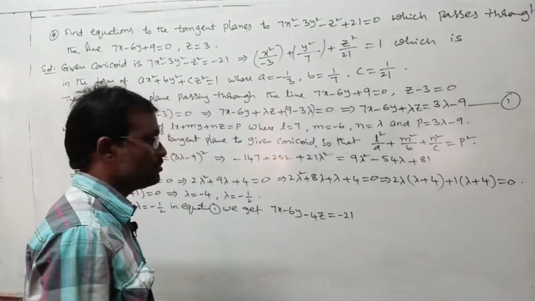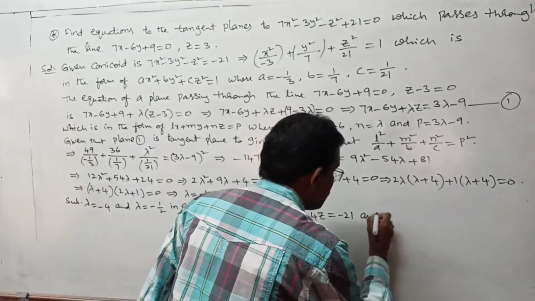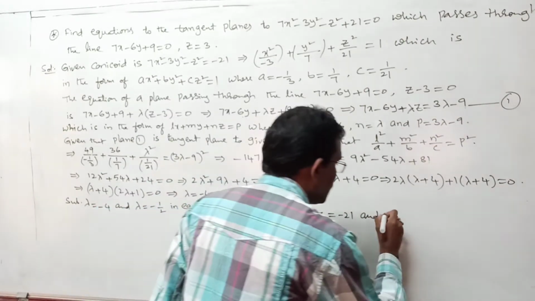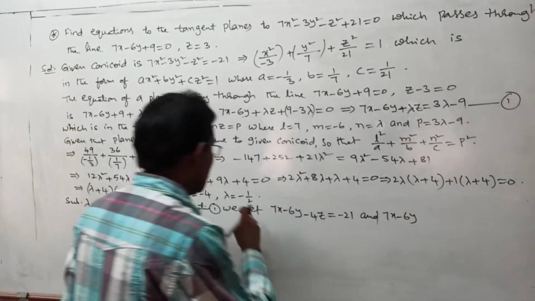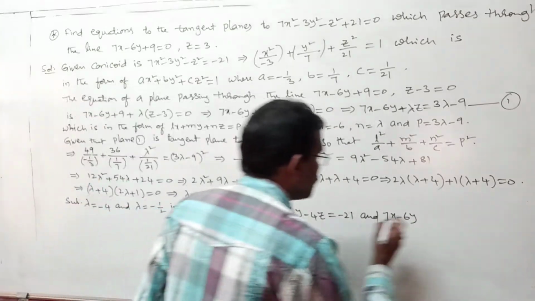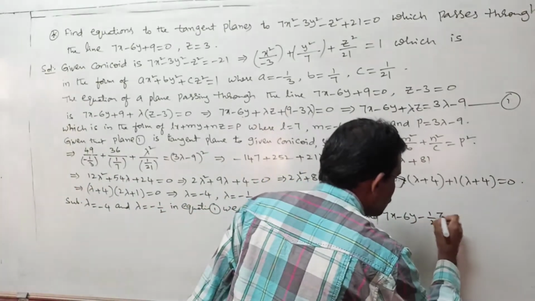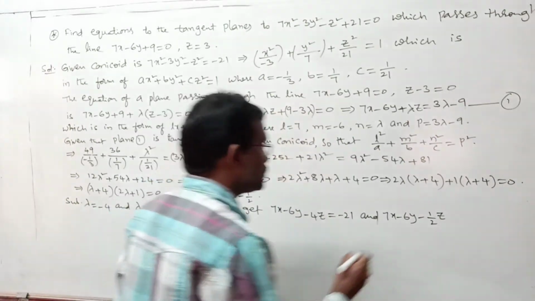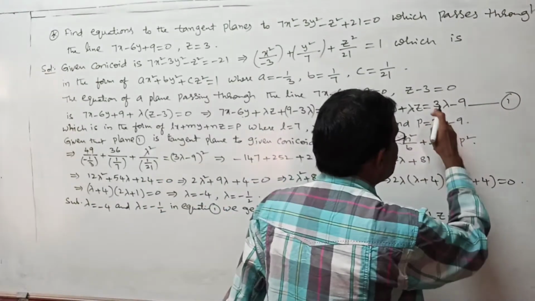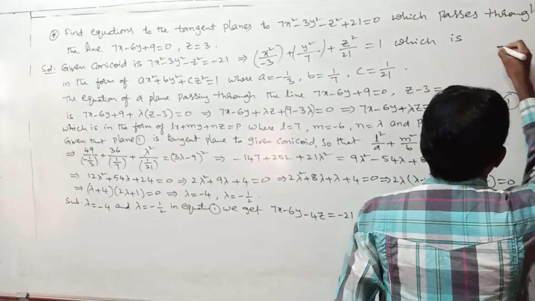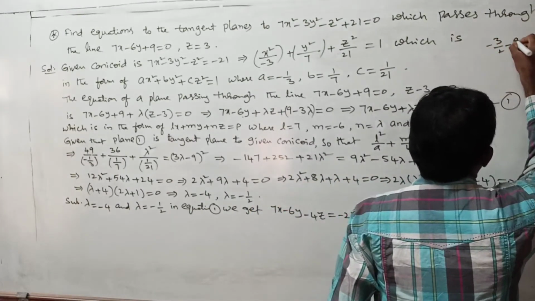This is one equation, and the other one is what? 7x minus 6y, lambda is minus 1 by 2, we are substituting. Minus 1 by 2 z is equal to, yes, here it is minus 3 by 2. Directly I am doing minus 3 by 2, minus 9 is what?